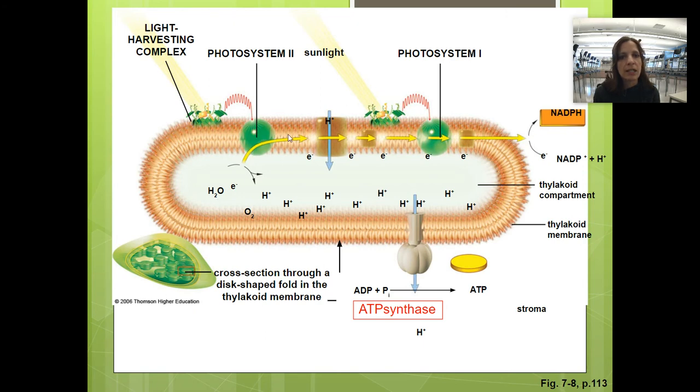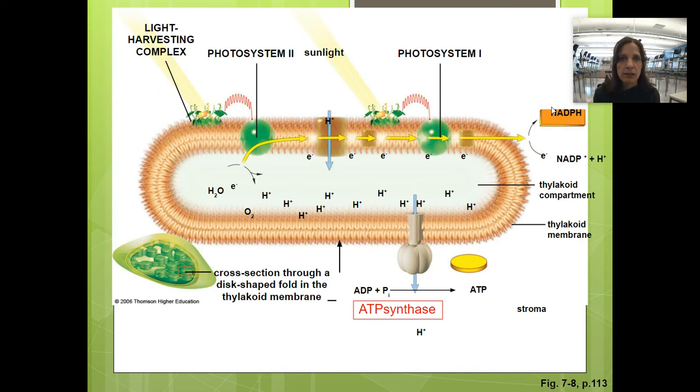The electron gets boosted out and it flows through the electron transport chain, where hydrogen ions are going to get pumped. Remember, they're going from low to high, and they're using the energy from the electrons. So this electron transport chain transports the electrons, and then this electron finally gets accepted by NADP to make NADPH. Now, I know that is very similar to NAD. The way that I remember it is this one has a P in it for photosynthesis.